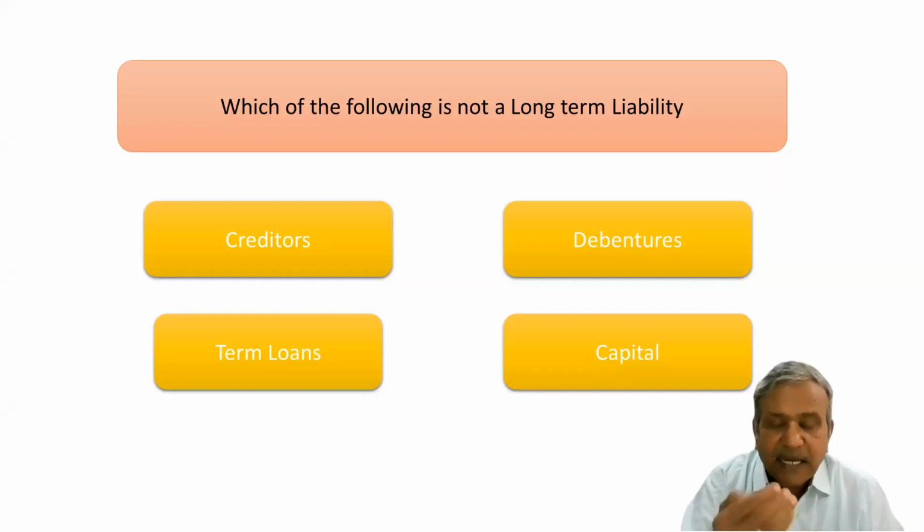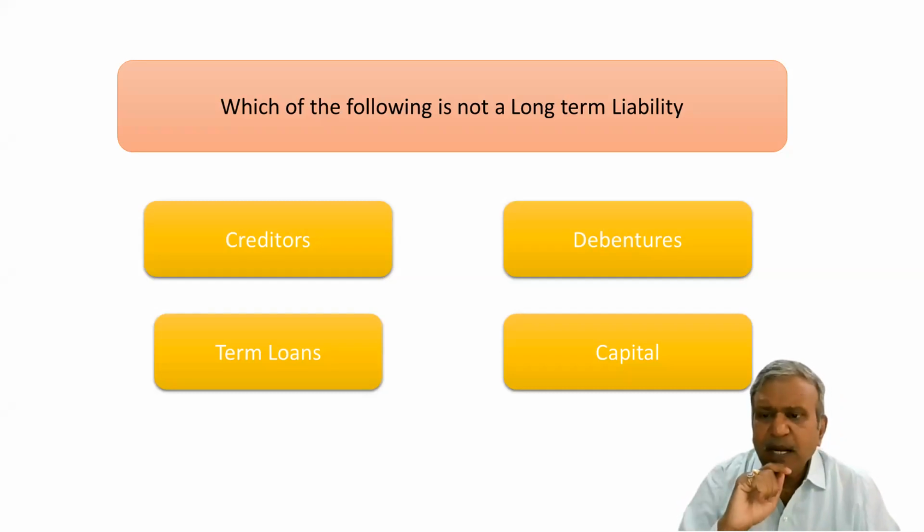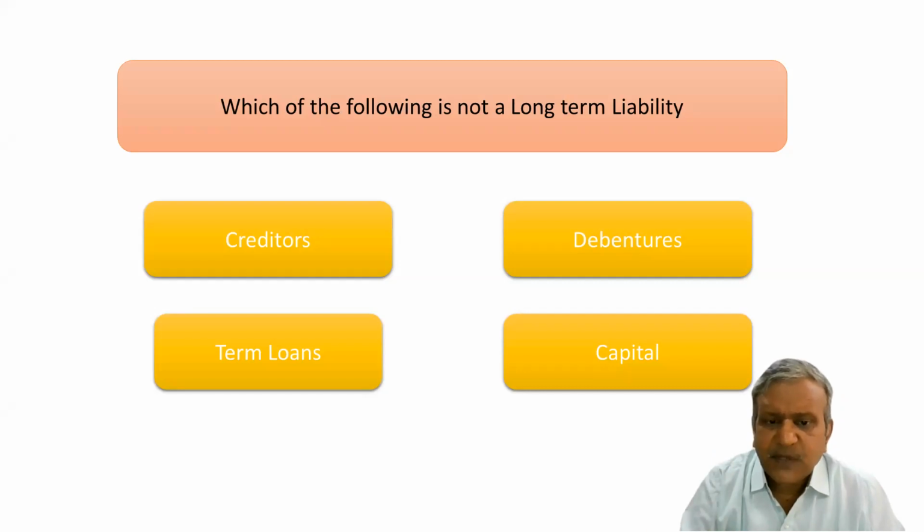Debentures are also a loan. Companies offer debentures, like a shares issue. It is a liability of the company. The company says it will give you back the money after 10 years. It is a long term liability on the company.